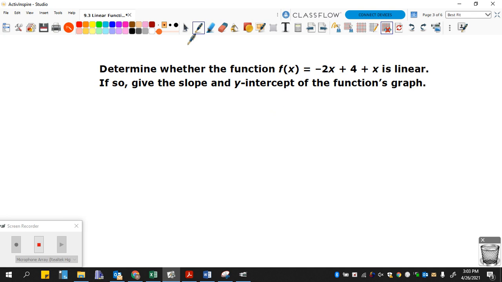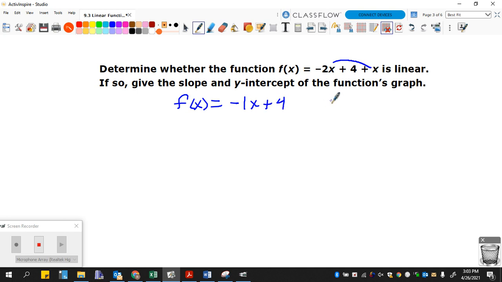Is f of x equals negative 2x plus 4 plus x linear? Yes, because all we have is these two terms being added together. So we can say f of x is equal to negative 2x plus 1x, which is negative 1x plus 4, because we're not adding anything to that.